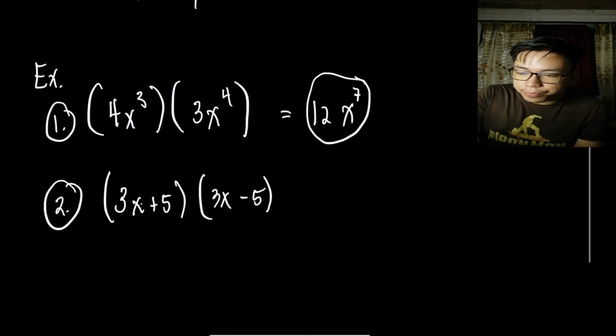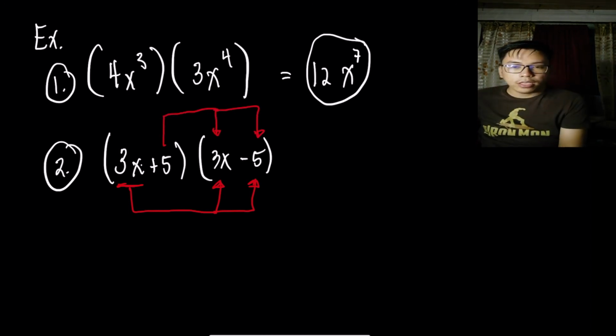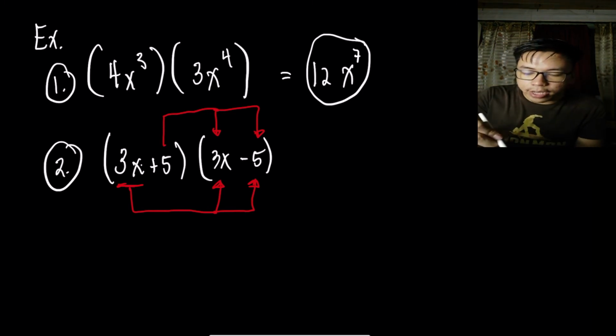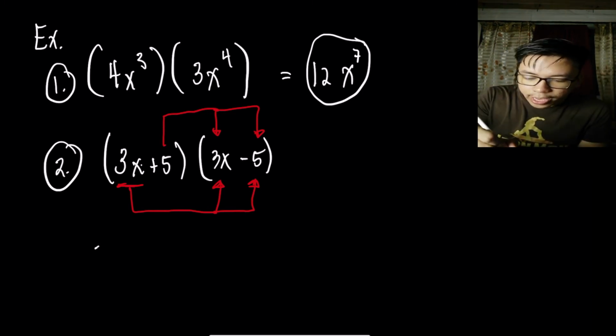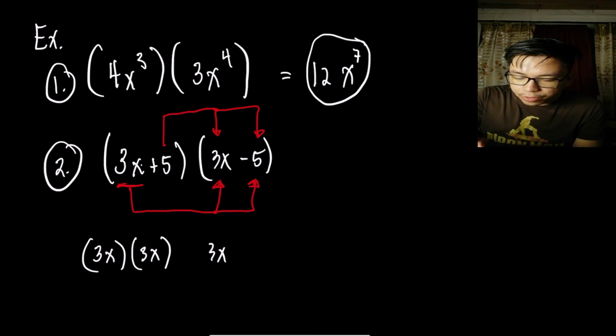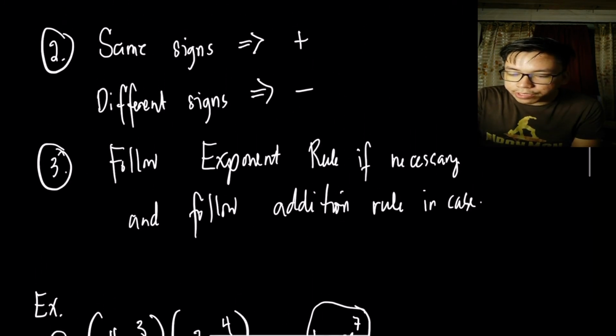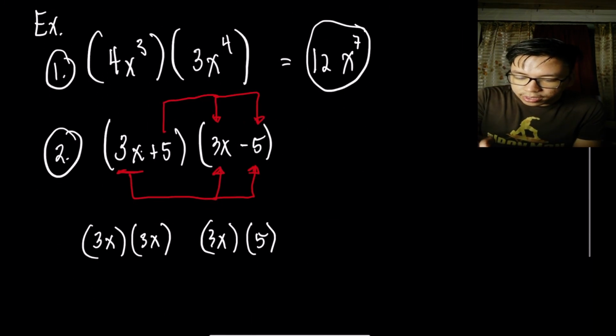Meaning the first term is multiplied to each term here, and each term here is also multiplied to the terms here. Okay, so let me try multiplying that first. 3x times 3x. Then 3x times minus 5. So I have 3x times 5. They have different signs, so according to the rule, different signs give negative. So this is negative here.